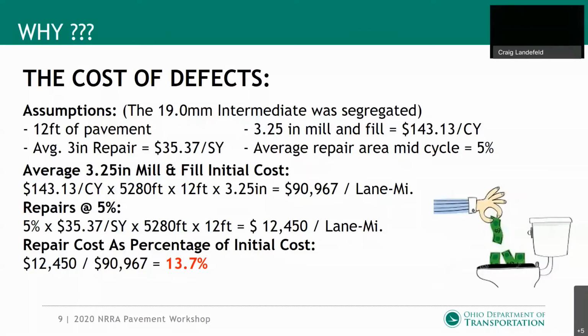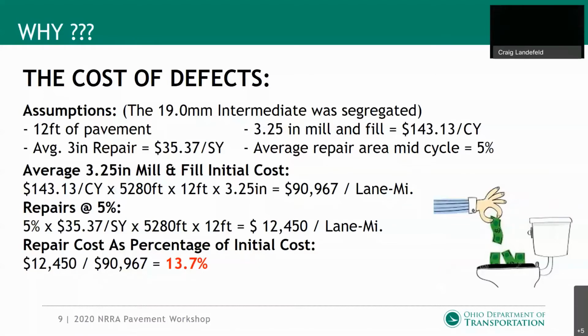We spent that much money repairing this pavement. Again, not including a lot of the ancillary items, but just trying to give a scale to the kind of dollars that we're spending. 13%, there's a lot of room for improvement there, and 14% of our budget for initial pavement cost could definitely be some significant savings to the Ohio Department of Transportation.